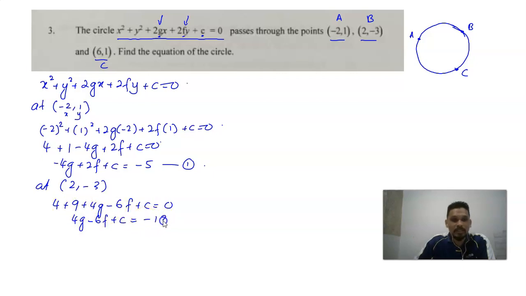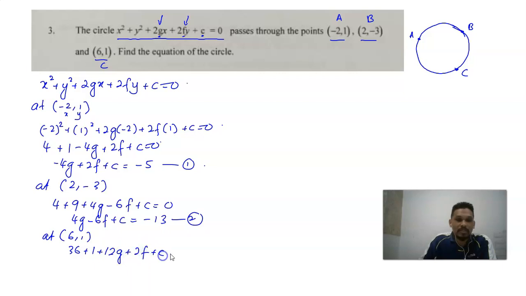The result becomes -13, equation 2. At the point (6, 1), substitute here: 6 squared equals 36 plus 1 squared is 1, 2 times 6 equals 12g, and 2 times 1 equals 2f, plus c equal to 0. Then 12g plus 2f plus c equal to 36 plus 1, 37. The result becomes -37, equation 3.